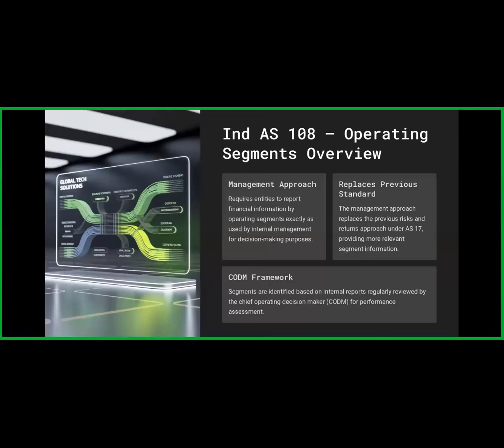That is the operating segment. We know that in multinational companies and big corporate houses, the company works in different segments. So how do we disclose the different segments in the financial statements? For this part, the guideline is given by the Indian Accounting Standard to the companies.